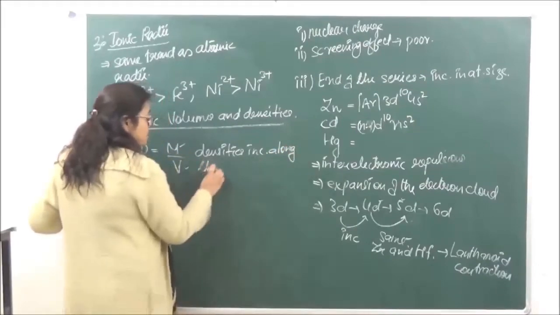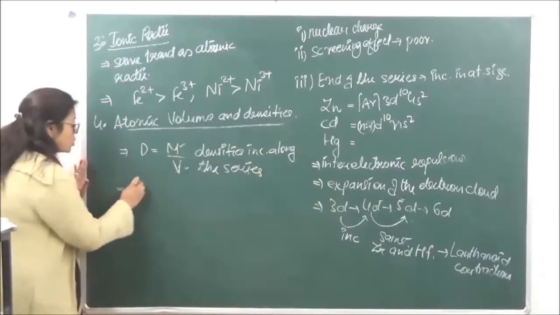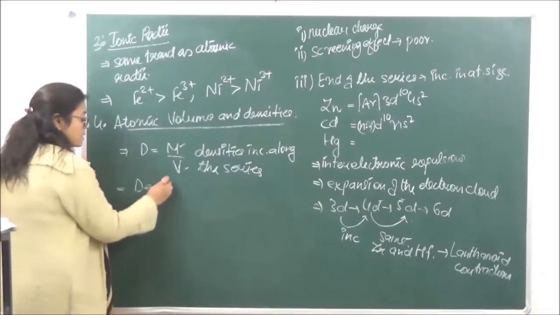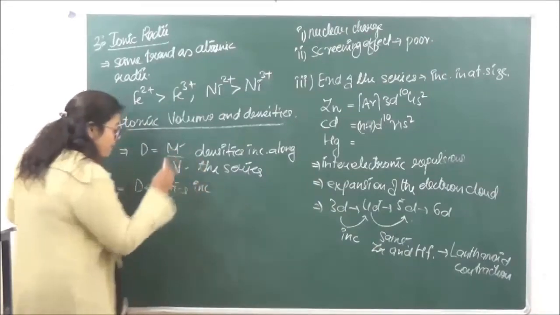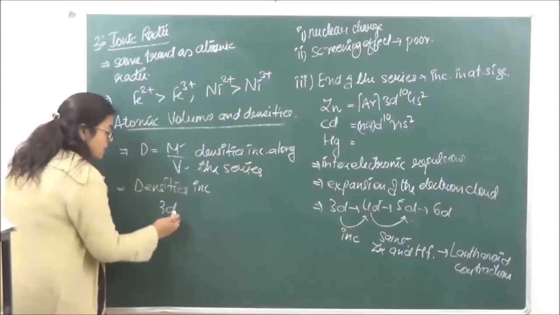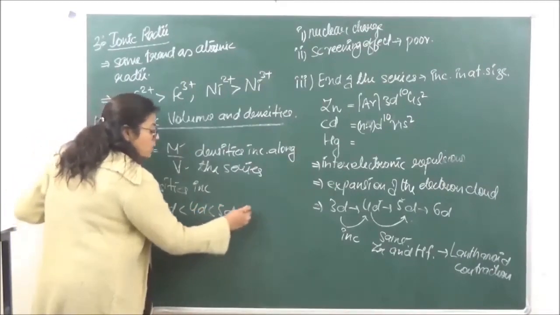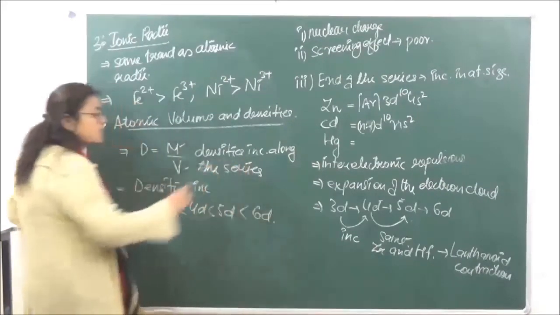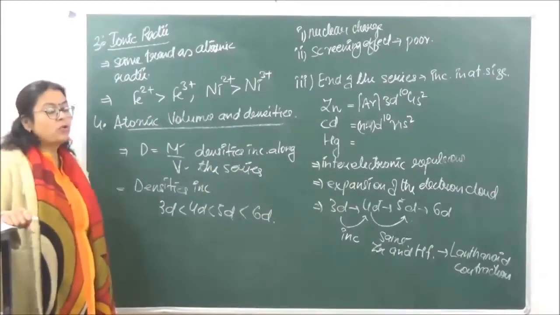along the series, and the densities will also increase when we are moving from 3D to 4D to 5D to 6D. The densities will increase along the period or along the series and down the group as well.